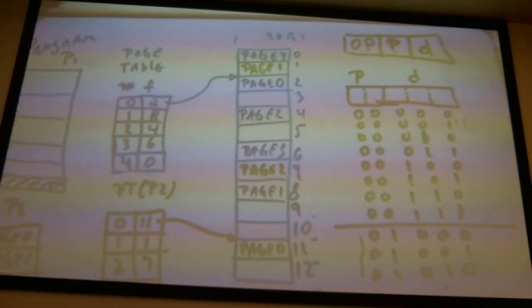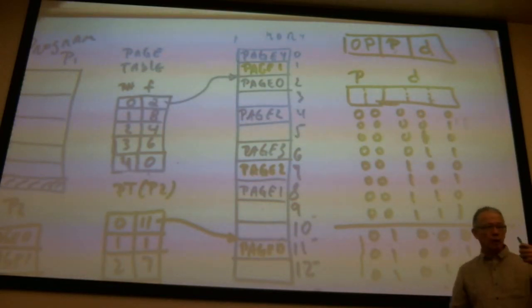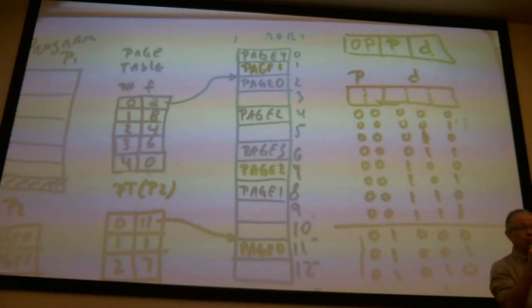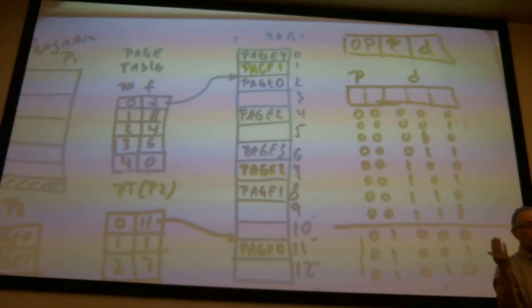If the program has more than 13 pages, we cannot run it in this machine. That's problem 1. In addition, now that we are using paging to avoid external fragmentation, we have to do 2 accesses per instruction cycle to get the instruction or to get the data, which will slow down the running of the program.